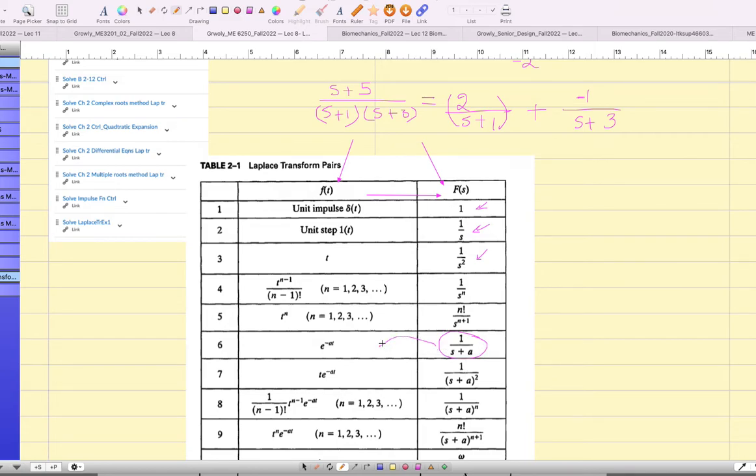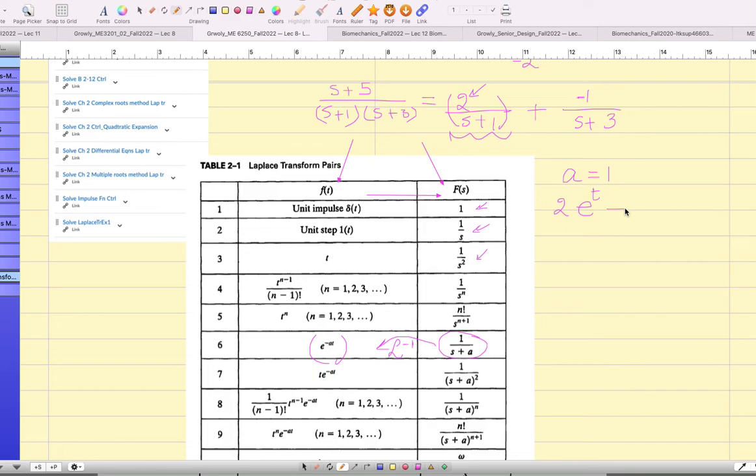So if we go inverse Laplace, you have to find the denominator. Usually the denominator is the main thing. So s plus a, you see over here, what is a in the first term? It is equal to 1, correct? So 2 will be the scaling factor, so 2 comes out, and e to the negative a t.